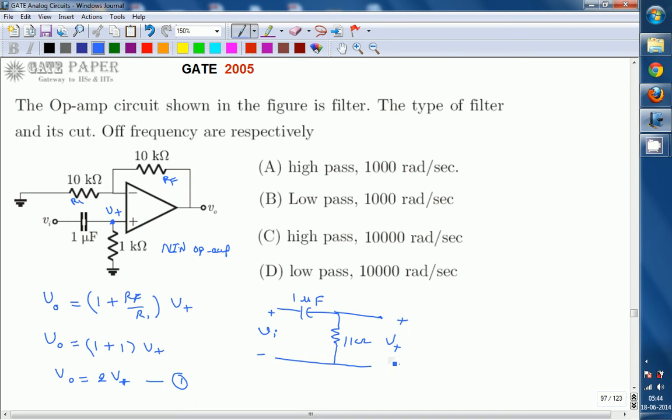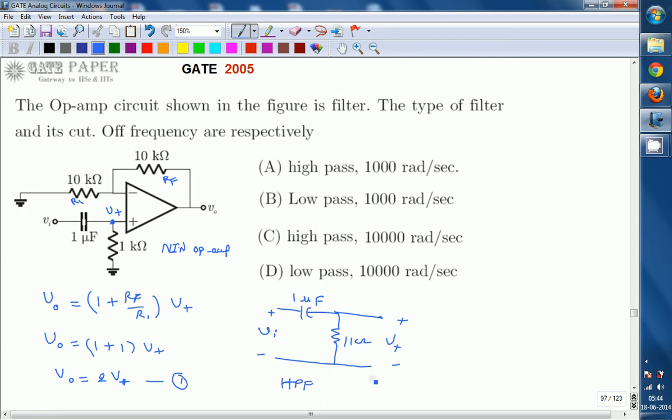Now have you seen this? It looks like a simple RC network, and since the capacitor is over here, it acts as a high pass filter. This is a simple RC network which acts as a high pass filter.